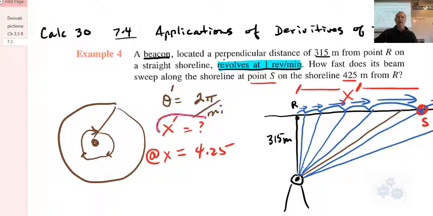We're asking for the rate of change of x, the movement of the light along the shoreline at the instant when the light is shining 425 meters from R. Questions so far?